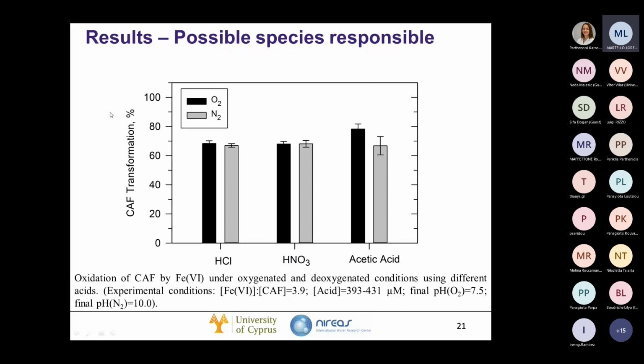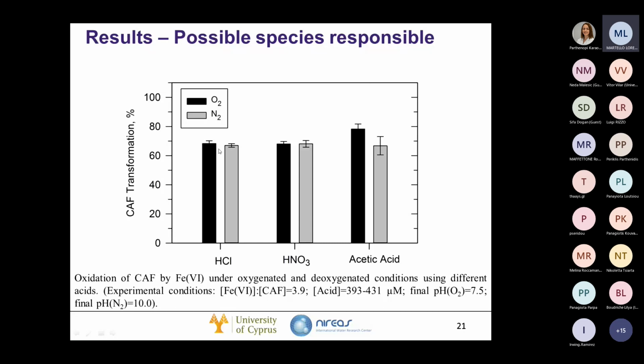The reason we did that is that we knew there are two possibilities in this system. One was that the enhancement is due to reactive oxygen species, and the second was that this enhancement was due to iron-based species. By doing the experiment in the presence of nitrogen, we could exclude the reactive oxygen species part and conclude that what we observed is due to the iron-based species.